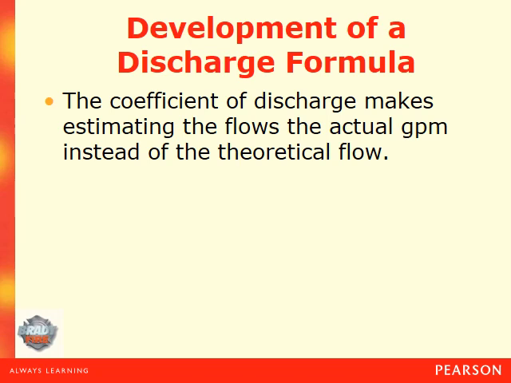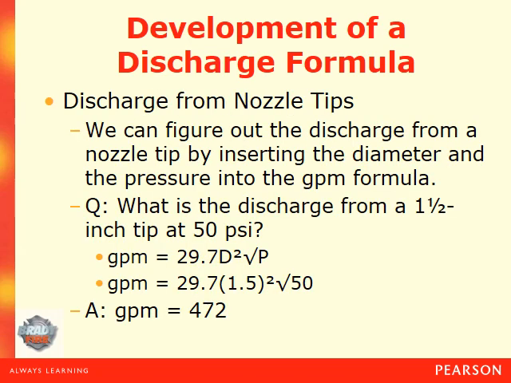The coefficient of discharge makes estimating the flows the actual gallons per minute instead of a theoretical flow. The discharge from a nozzle tip: we can figure out the discharge from a nozzle tip by inserting the diameter and the pressure into the GPM formula. So, what is the discharge from a 1.5 inch tip at 50 psi?